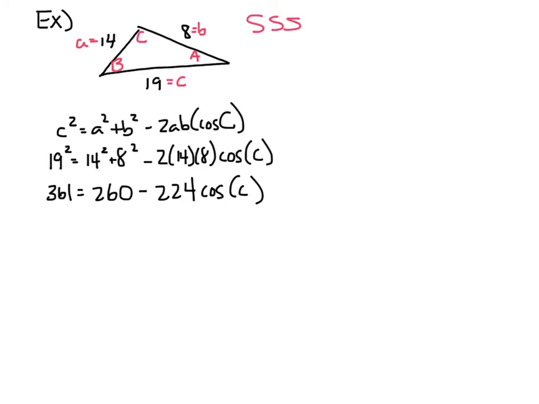Next you need to subtract 260 from each side. So I have 101 equals negative 224 times the cosine of C. Now I can divide both sides by negative 224.